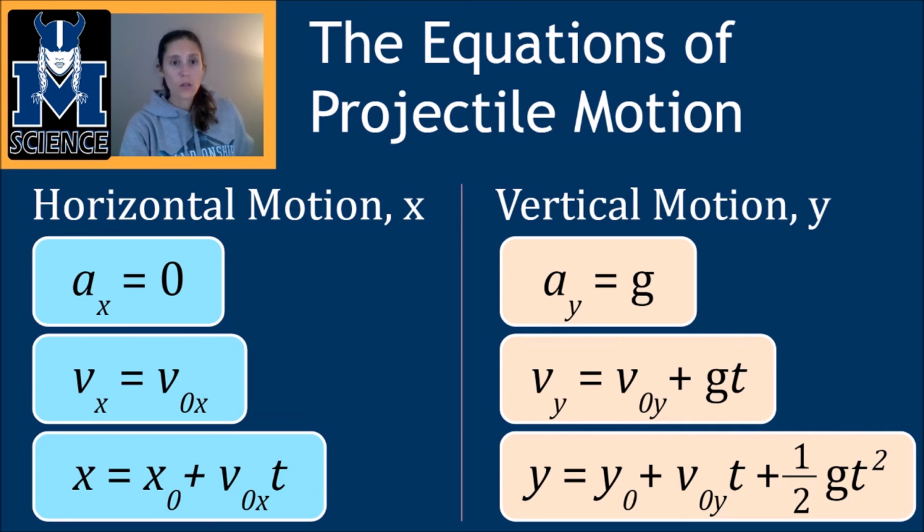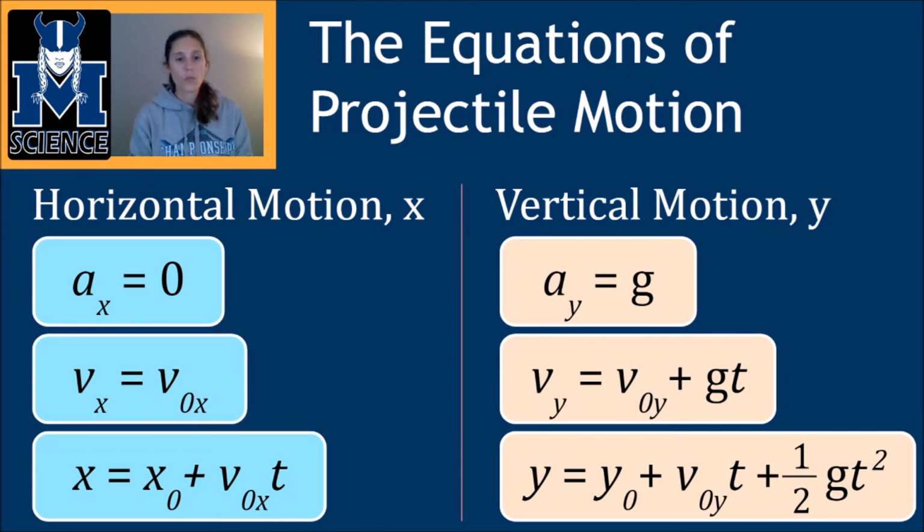Your horizontal component of the position is just the simplified or special case of constant velocity motion, where we say position is equal to the initial position plus the initial velocity times the time. Okay, because that velocity is not changing.